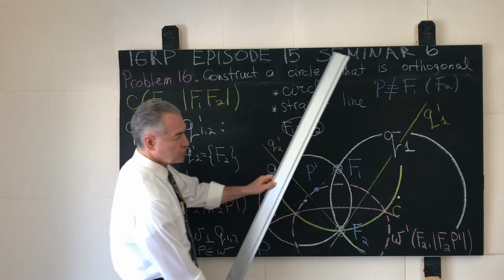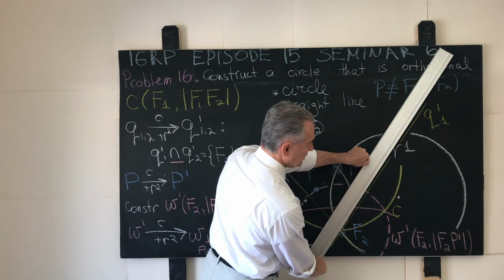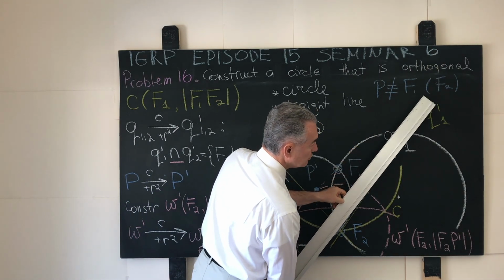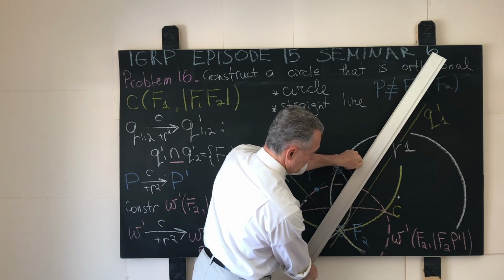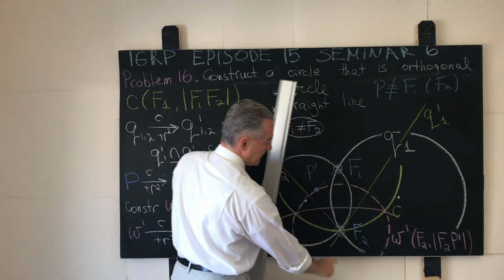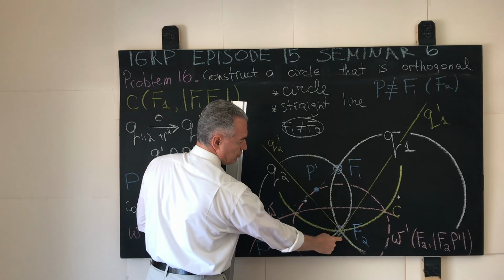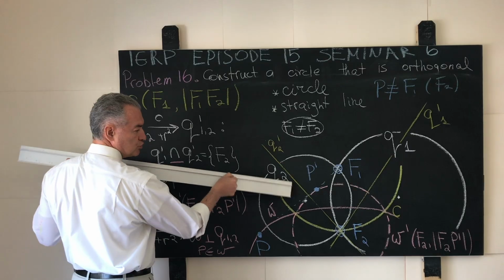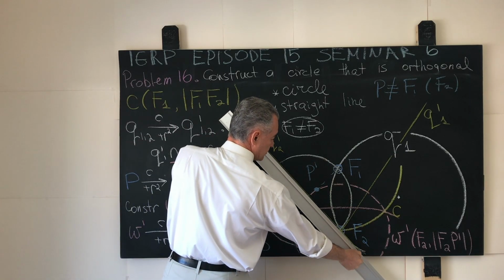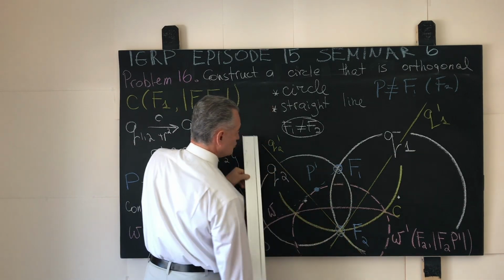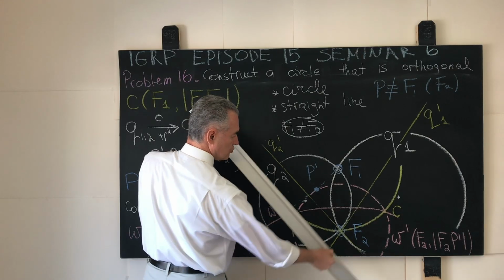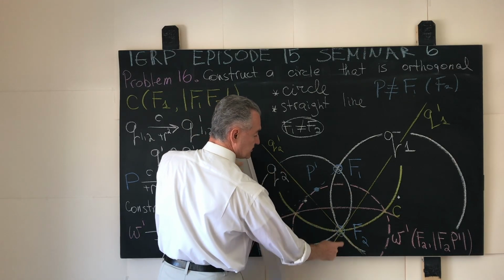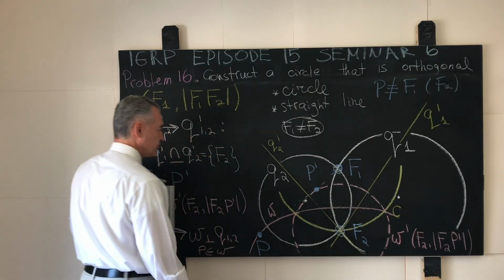In other words, the circle Q1 is taken into the straight line Q prime 1. Look at this, Q prime 1. That straight line goes over here, and it passes through the point F2. And the circle Q2 is taken into the olive-colored straight line Q prime 2. Q prime 2 shown over here. These two straight lines intersect precisely at the point F2.